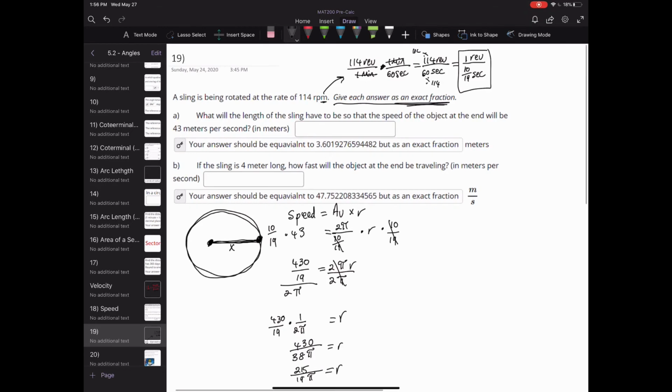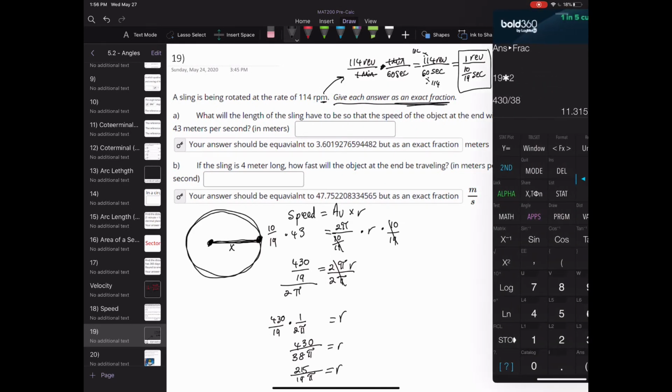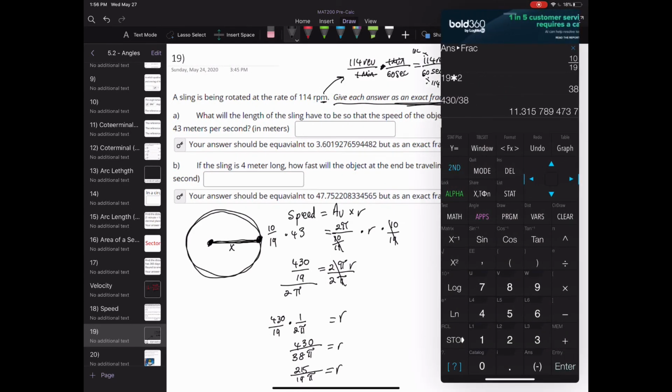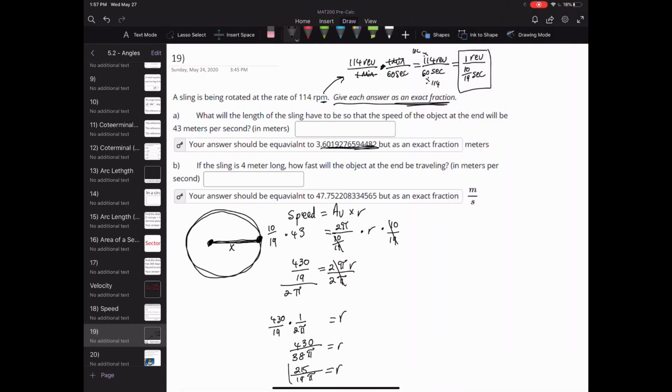Let's type that in and see if we get that decimal that they have. 215 divided by 19 pi. And you can see that those two decimals match up. So I'm just going to leave that like this. In fact, I'm going to write it right here, 215 over 19 pi.